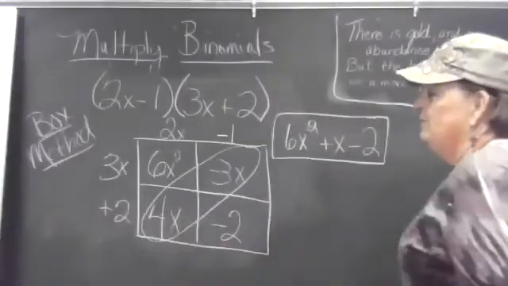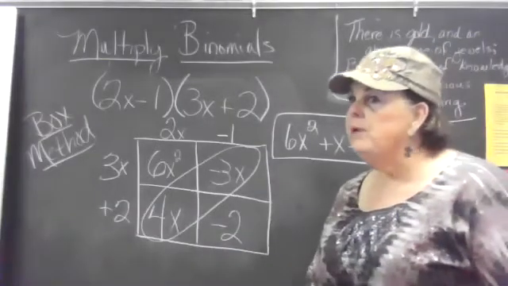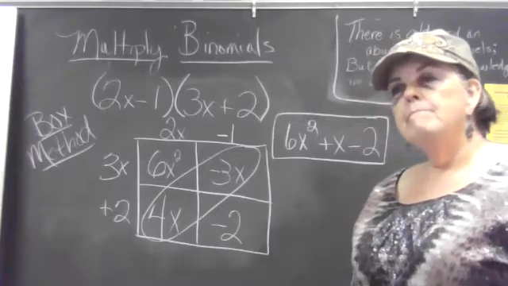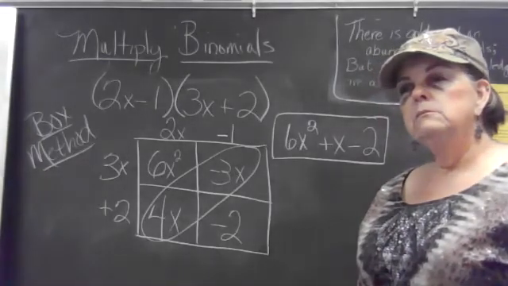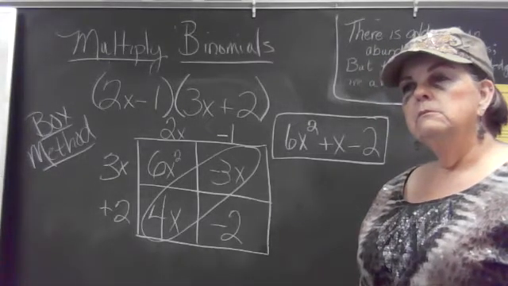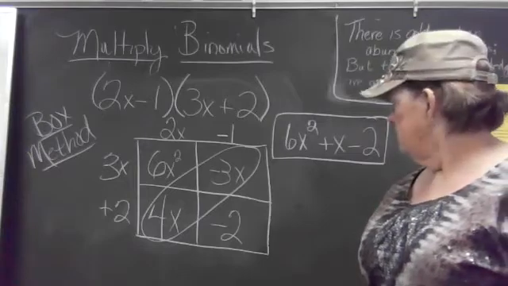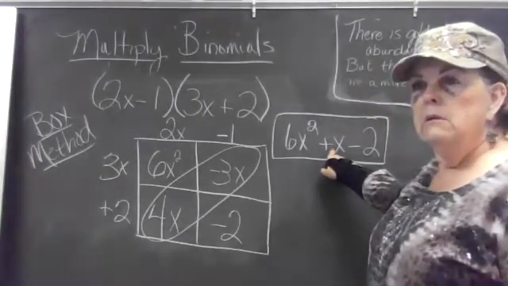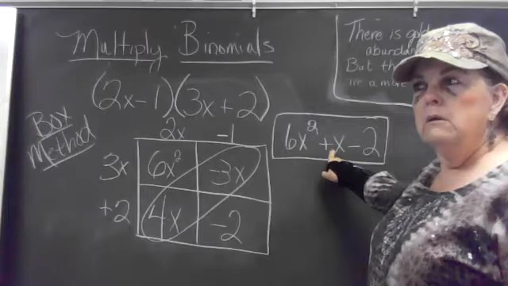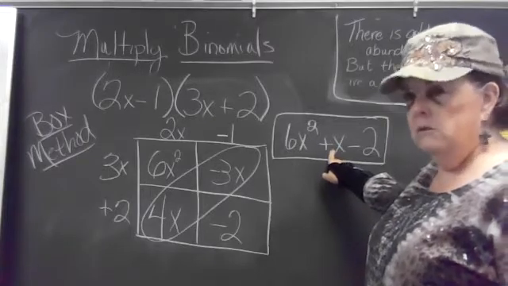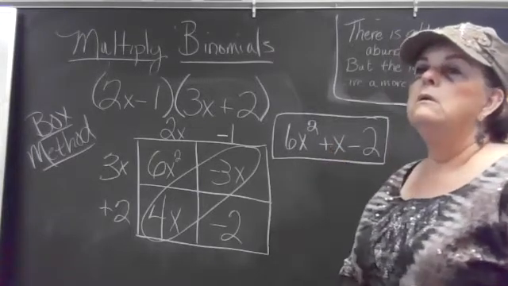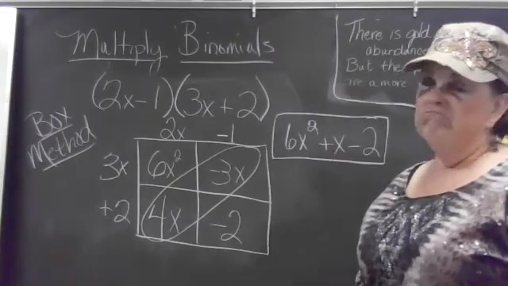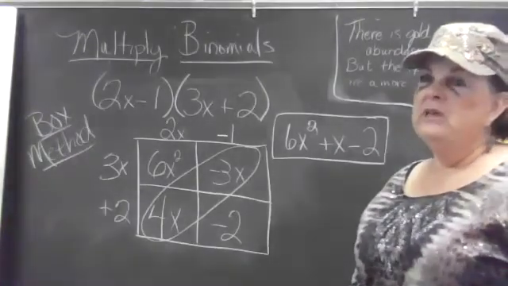So I apologize, but you guys need to know how to multiply binomials. Anything that's a 1x is always going to be invisible. So if it was 2x, do we write the 2x? Yes. But if it's a 1, then it's just going to be invisible. And that's the same way with the exponents.